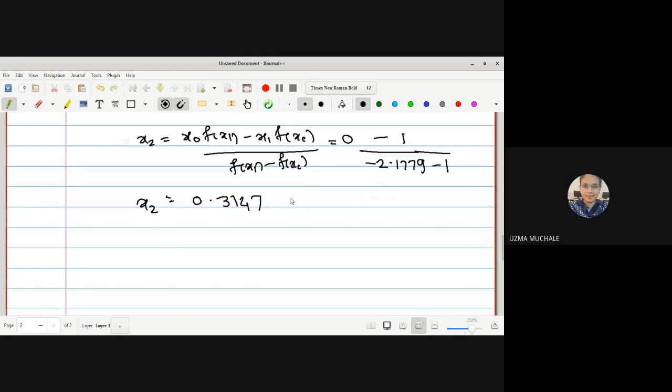So similarly, now we can calculate the value of f of x2, which I will write directly as 0.51986. I hope you are getting the same answer. Calculate it. Until then, I will write down the formula for x3.